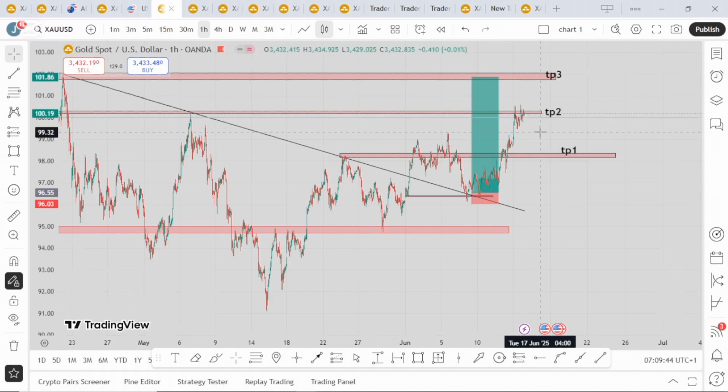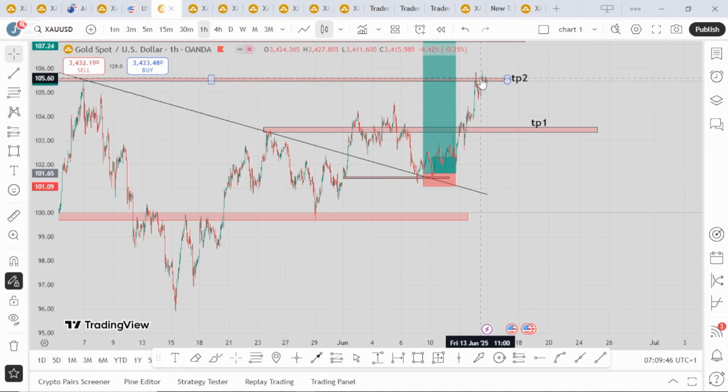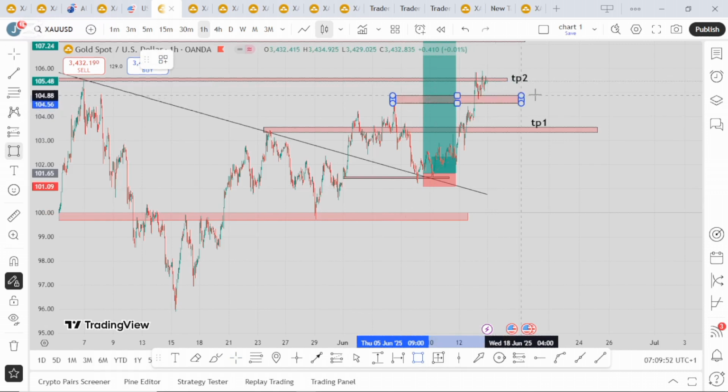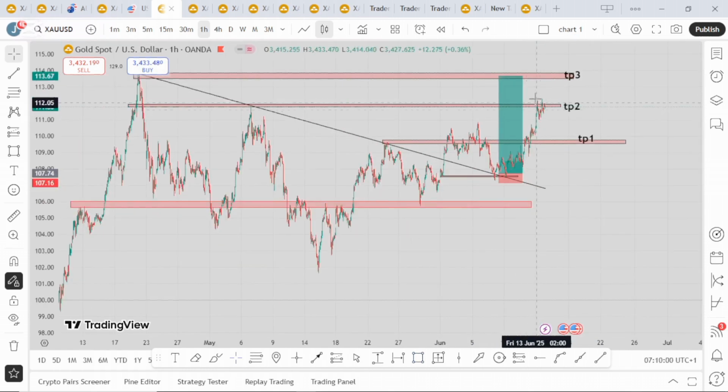Even though we are seeing a little sign of gold dropping, maybe from this to this zone, it's possible, based on the analysis, that gold can retest this before going. But anyway, this is how trading works. Then our main target is here, this TP3. This is what we are expecting.